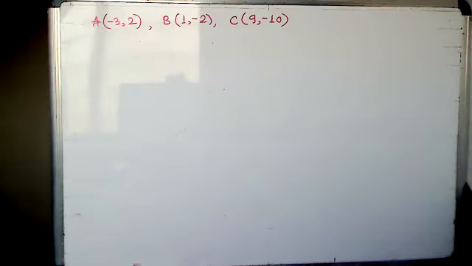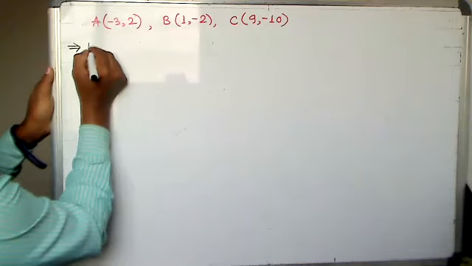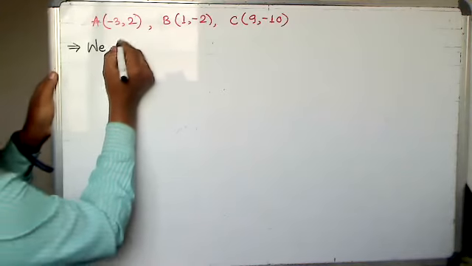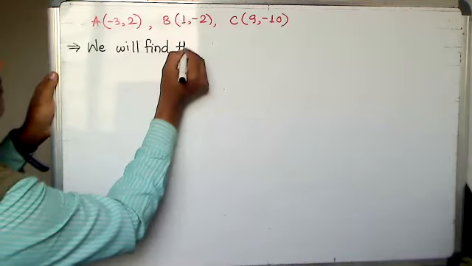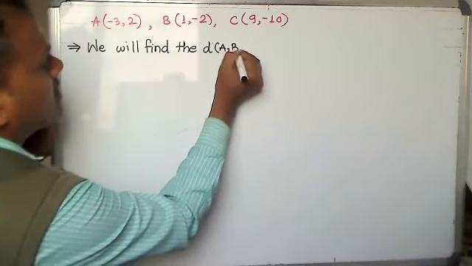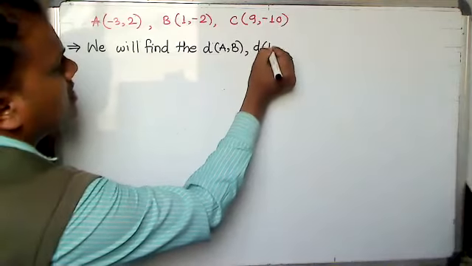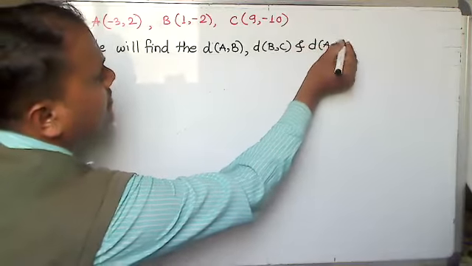In the answer we will find distance AB, distance BC and distance AC.